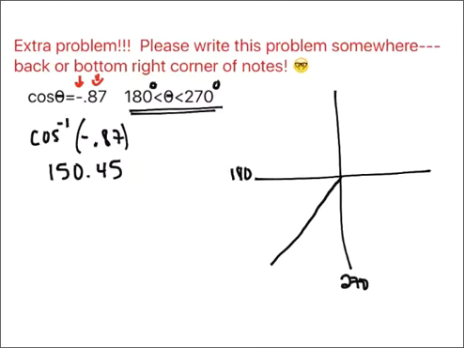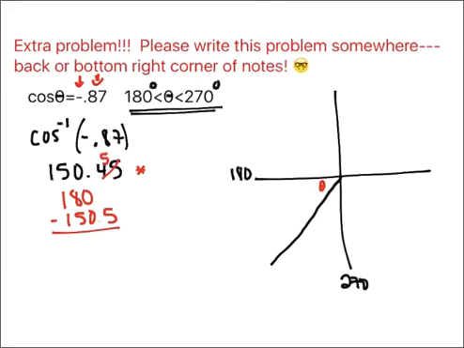Now, there is no way that this angle right there can be 150 degrees. Remember we said a reference angle is always acute. This is not acute. So in order to get an acute angle, I am going to take 180 and subtract 150.5. I'm just going to round that to 0.5.